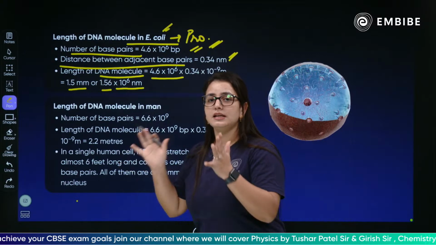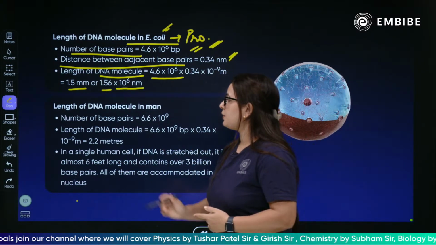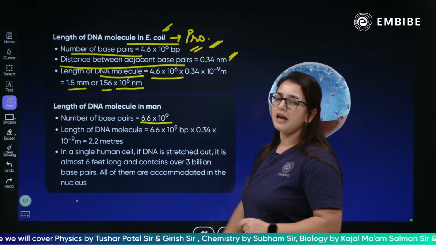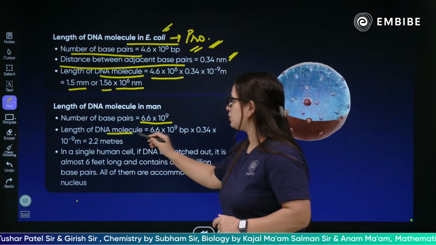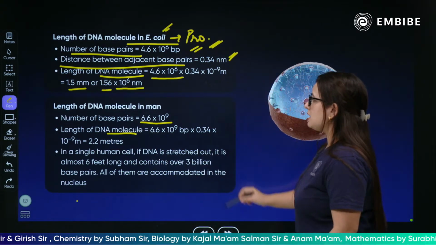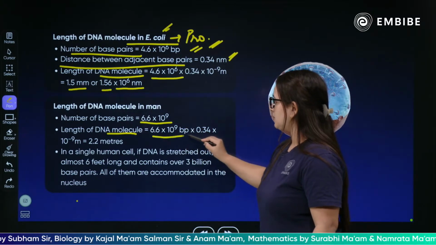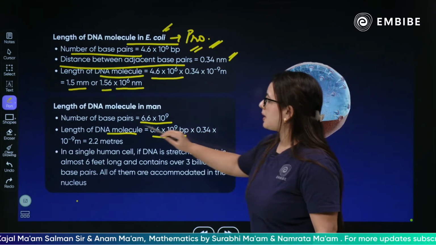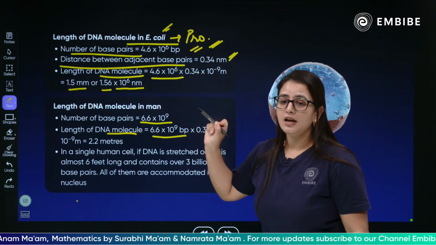Of course, the length of DNA in a man. So let's see what we have. We have the number of base pairs, which is 6.6 into 10 to the power 9 base pairs. The length of the DNA molecule would be 6.6 into 10 to the power 9 base pairs multiplied by again 0.34 into 10 to the power minus 9, which is the distance between adjacent base pairs.